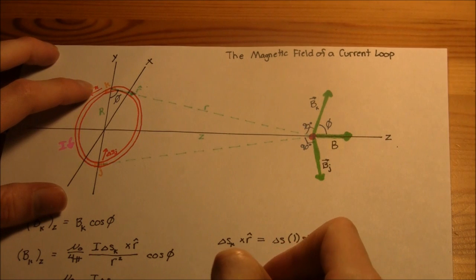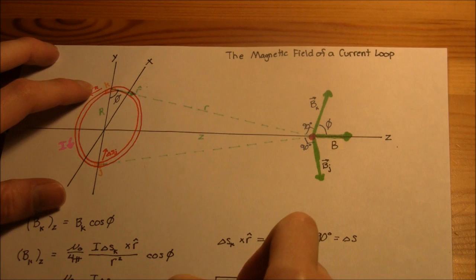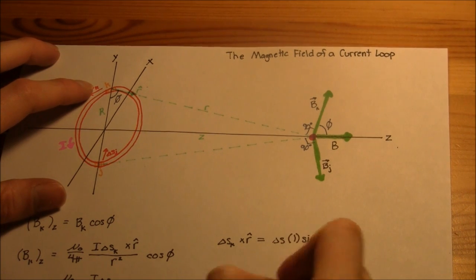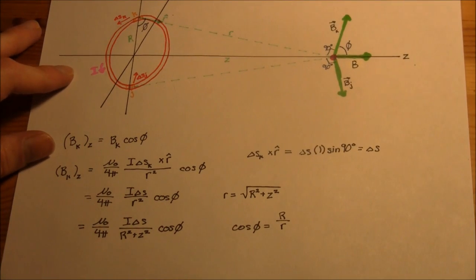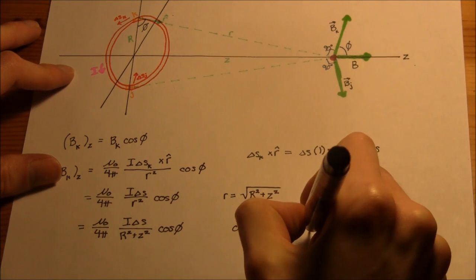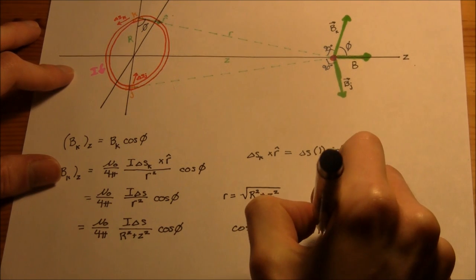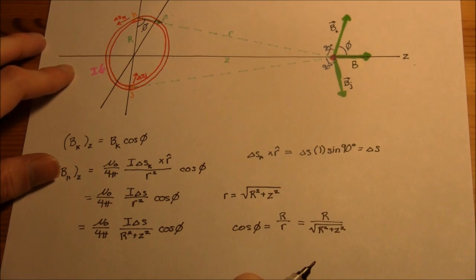So cosine, which is adjacent over hypotenuse, is equal to the radius over R, which, since we determined the value of R in the previous step, we can plug in R over root R squared plus z squared, and then we can return that to the equation.